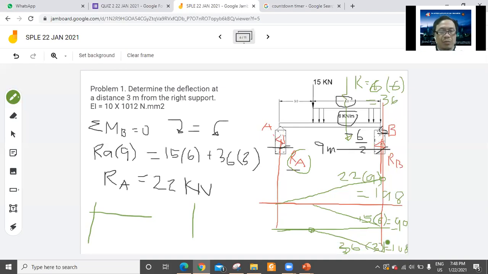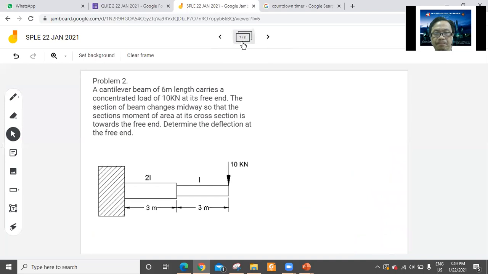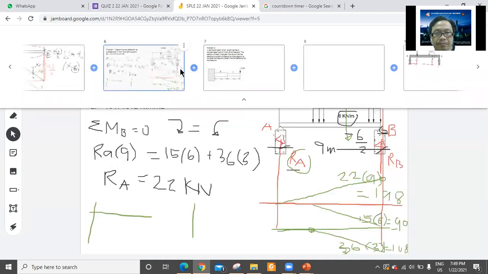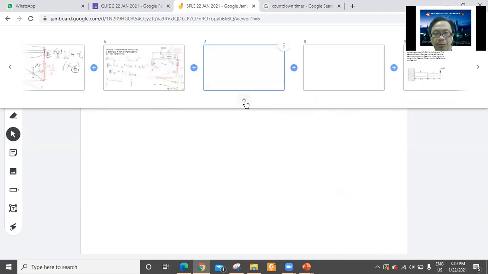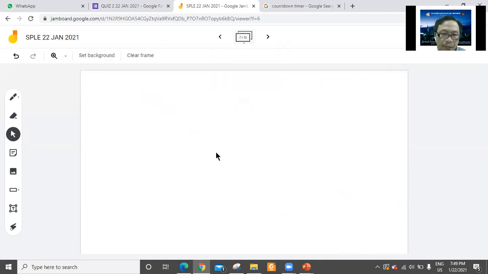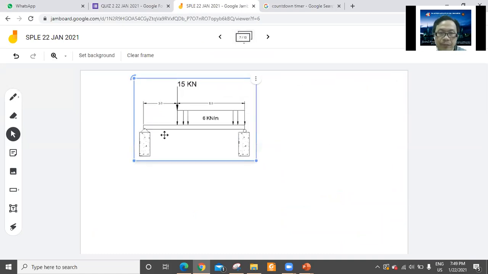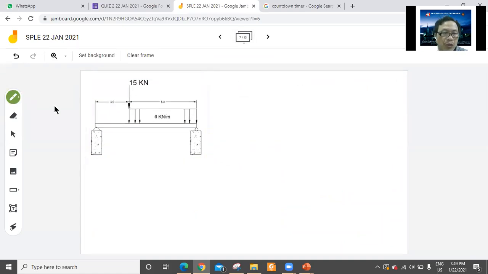So the question is to compute the deflection at a distance of 3 meters from the right support. So starting here, we are going to calculate the deflection from here, 3 meters.